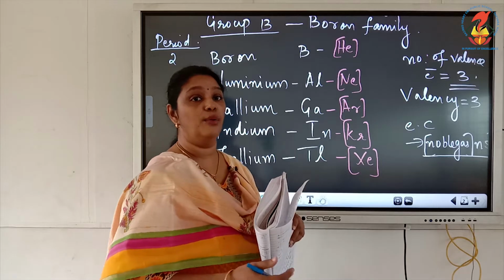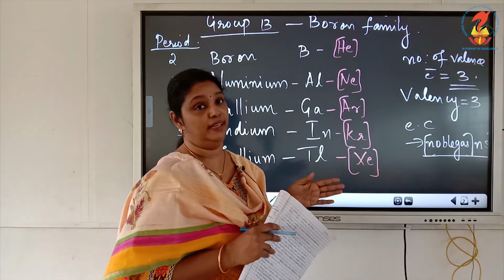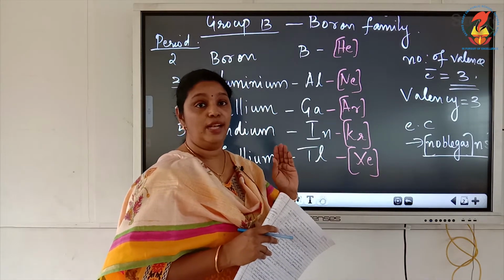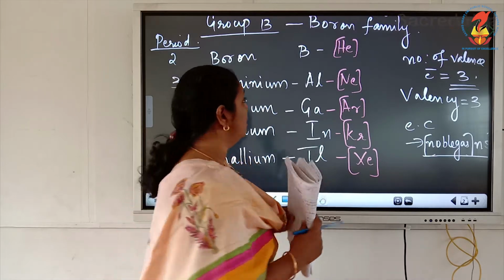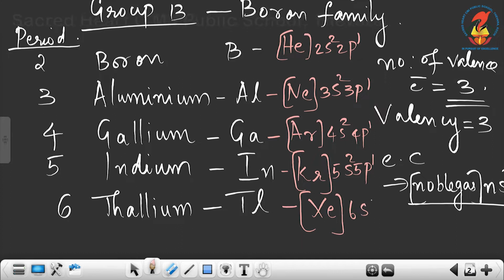Now let's write the outer electronic configuration. We know that boron is in the second period, so the n value will be equal to 2. So the outer configuration will be 2s2 2p1, then 3s2 3p1, 4s2 4p1, 5s2 5p1, and 6s2 6p1.